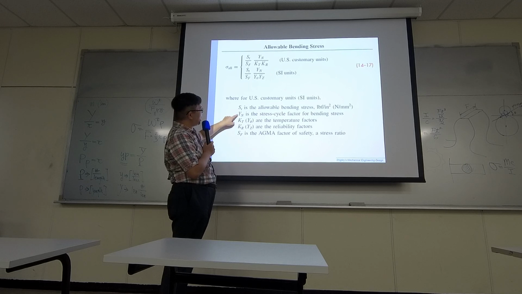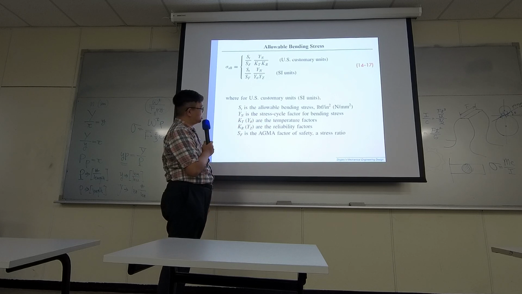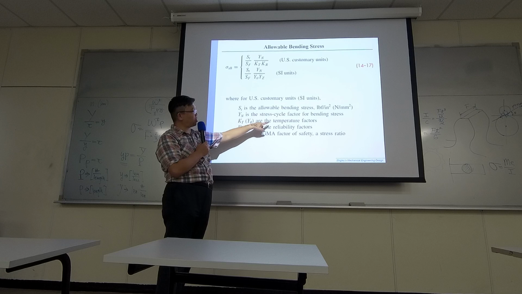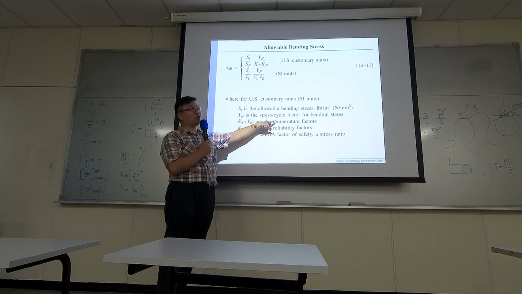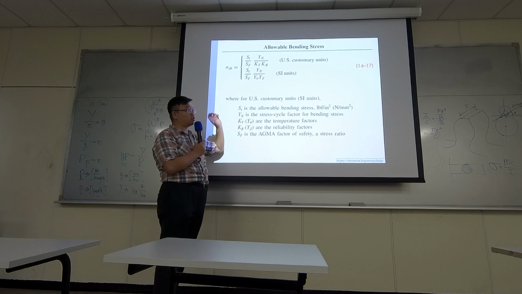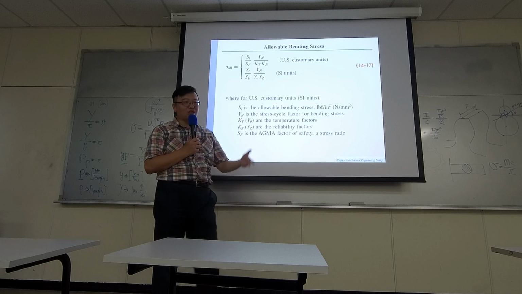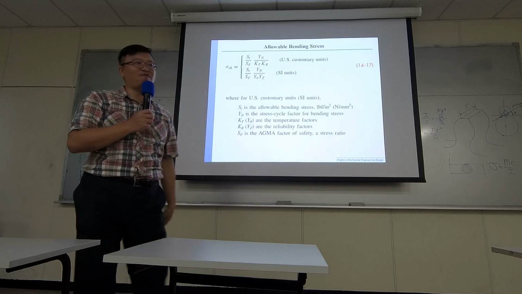it's a different Y. So it's not the same Y. It's a factor about how many cycles. KT is something about temperature. So if your gear gets too hot, the allowable stress changes. KR is about reliability. So it really depends on what's the safety level you're looking for.